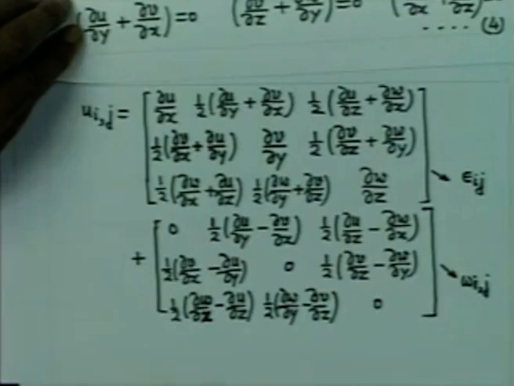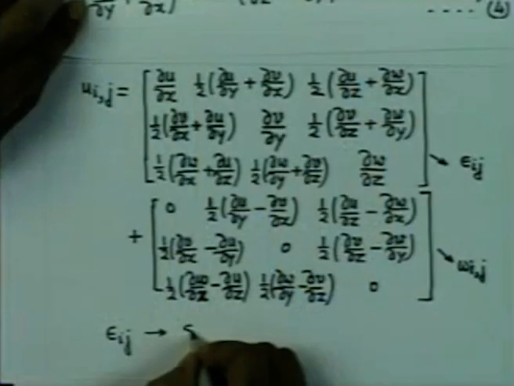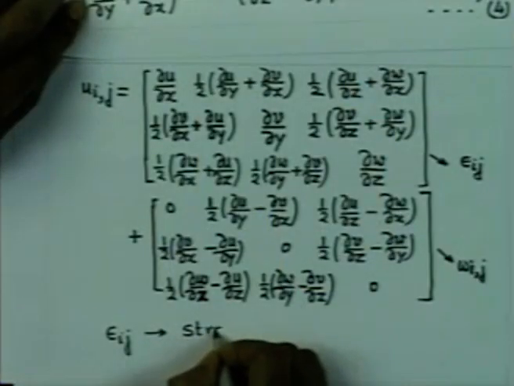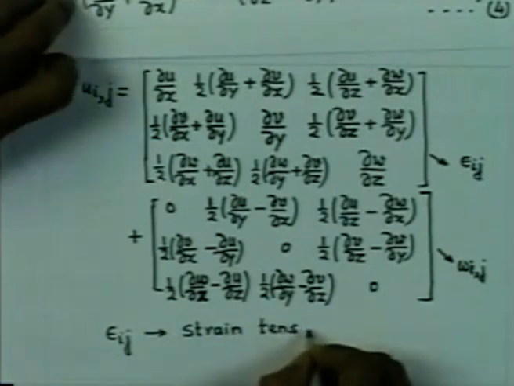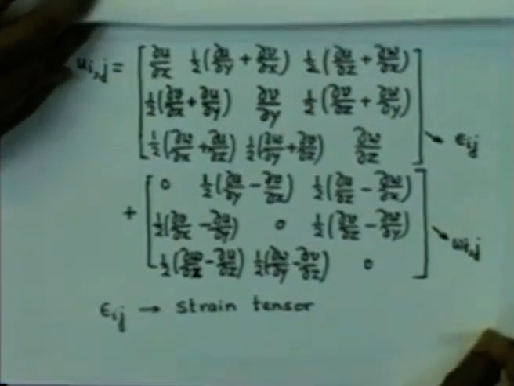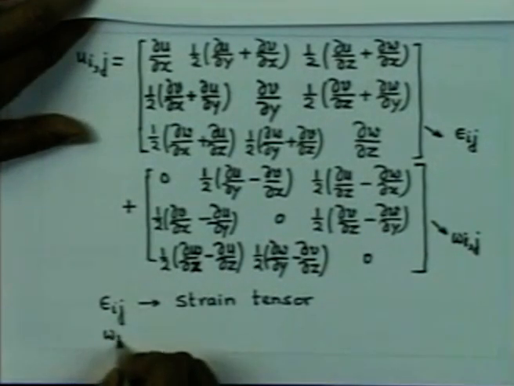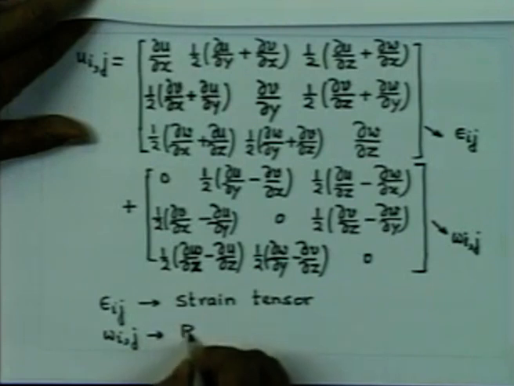So, this gives the rotation tensor Wij. Therefore, epsilon ij is the strain tensor and Wij is the rotation tensor.